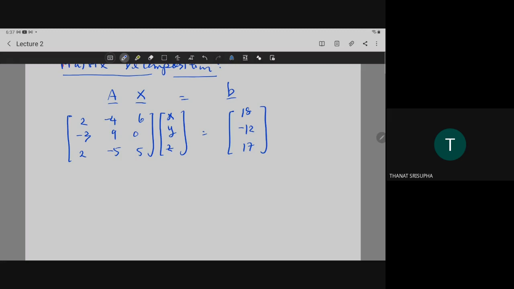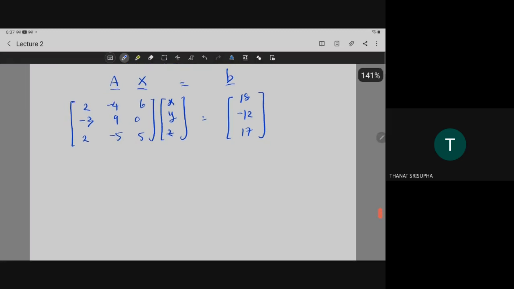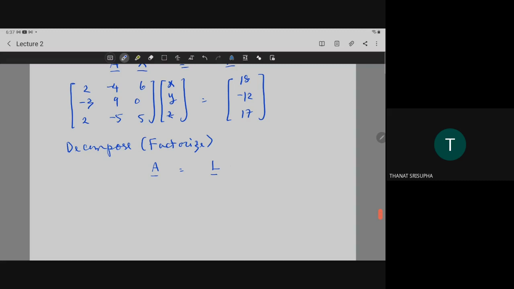So what we can do is decompose, or you can say factor, no? We can factorize matrix A and write it as the multiplication of L multiplied with U, where L is the lower triangular matrix from last time, and U is the upper triangular matrix from last time.